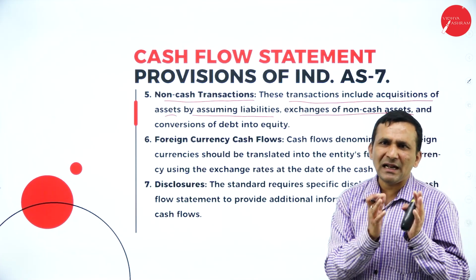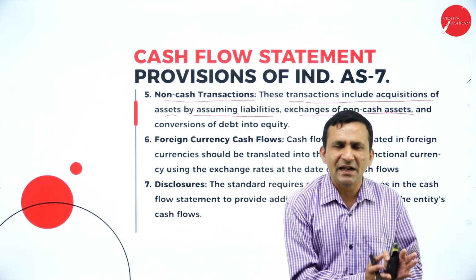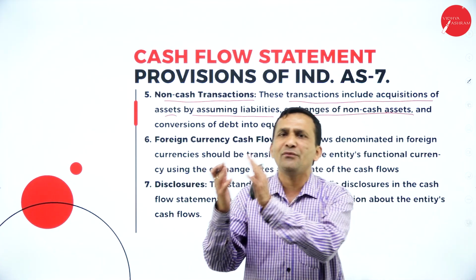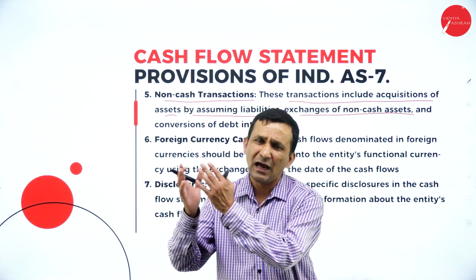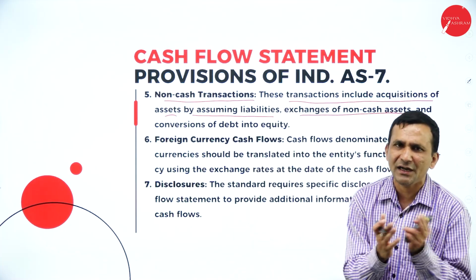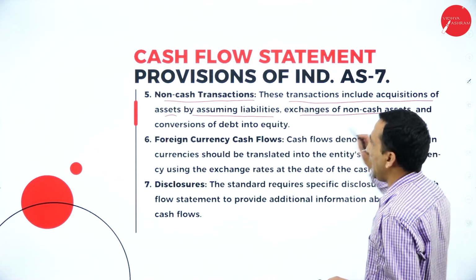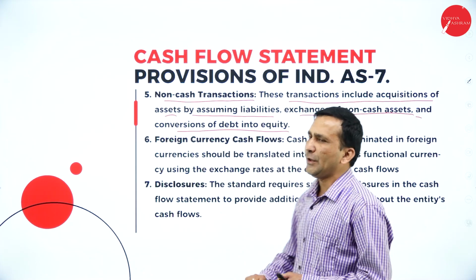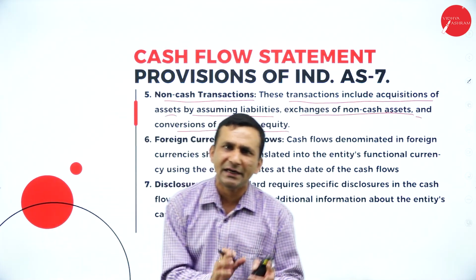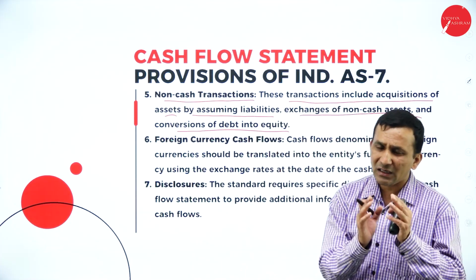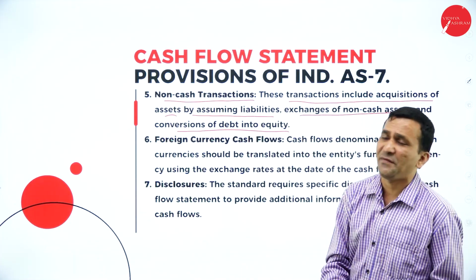For example, 2 acres of empty land you are trying to sell to one person, you can acquire another building they are offering. Okay, which is one kind of exchange. And conversion of debt into equity. Easily you can convert debt into equity or equity into debt, based on the conditions which are clearly specified.